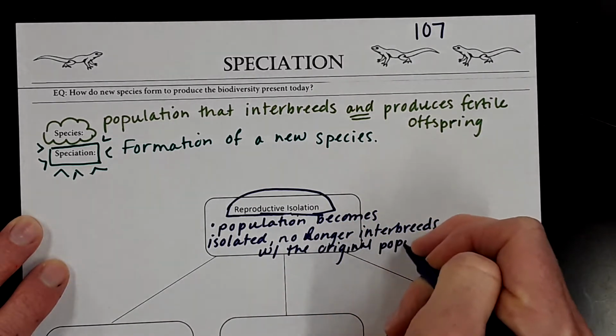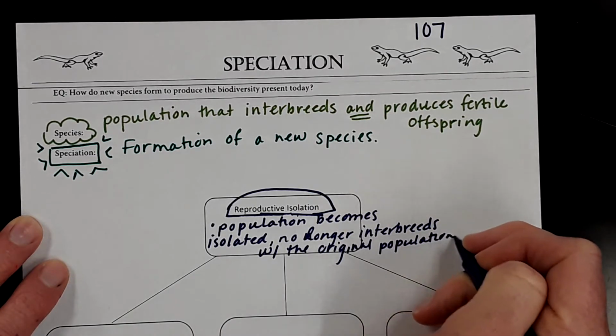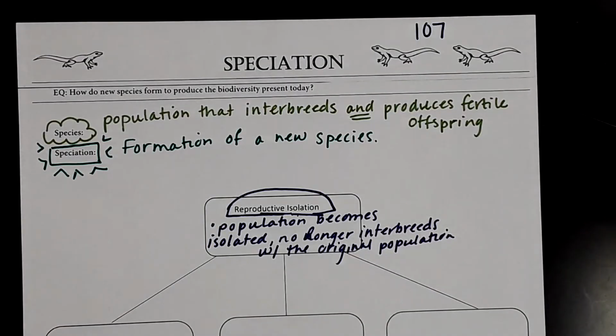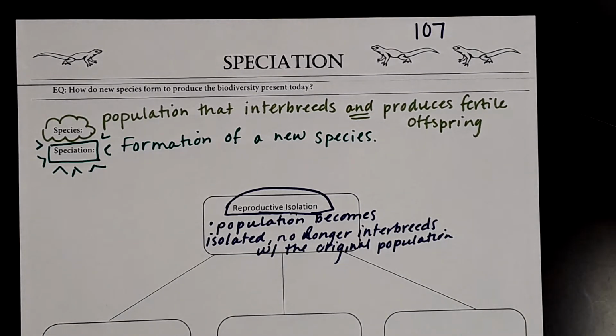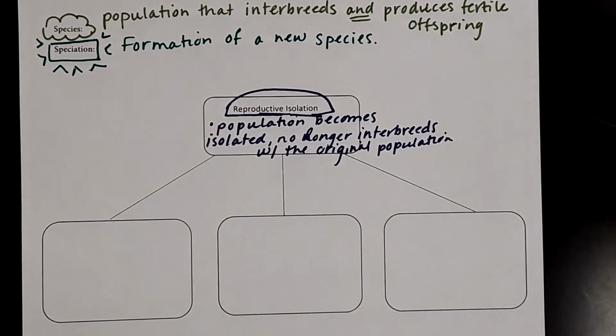Now, there are a few different ways that a group of organisms can be isolated from the original group. We're talking about reproductive isolation, meaning they can't mate with one another. The first way that they could get separated is by a geographical barrier.